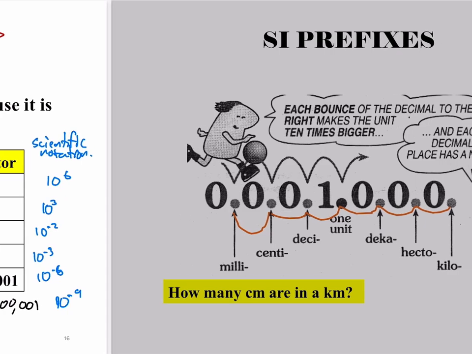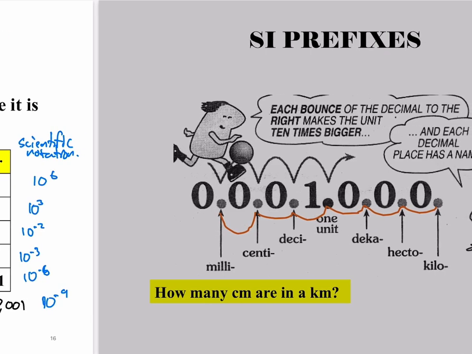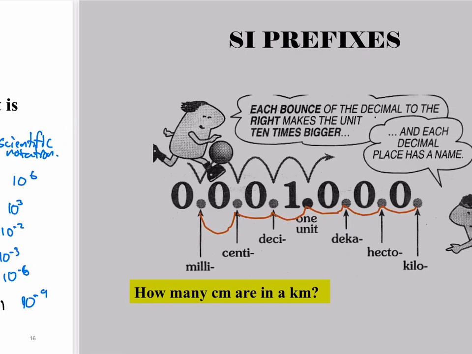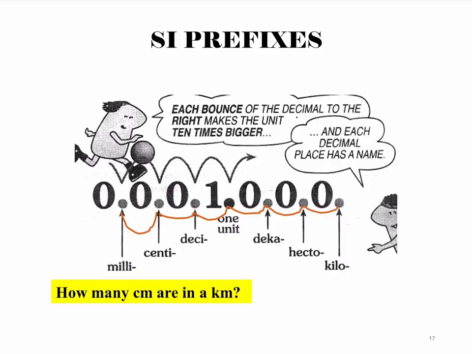All right, so this next slide is just illustrating what I was saying: moving stuff to the left or the right is the same thing as multiplying or dividing by 10. If this is 1 unit, and we start moving stuff to the left, we're making a negative exponent.